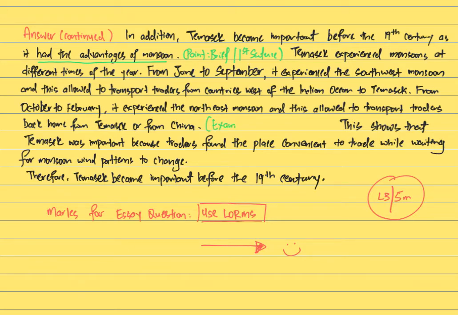We are bringing out the historical examples. So these examples help to support the point. All right, and the next sentence, this shows that Temasek was important because traders found the place convenient to trade while waiting for the wind patterns to change.